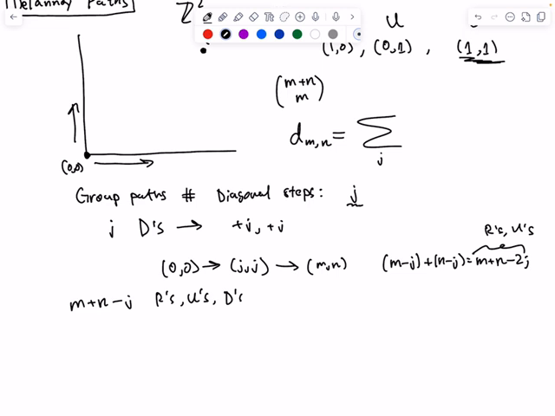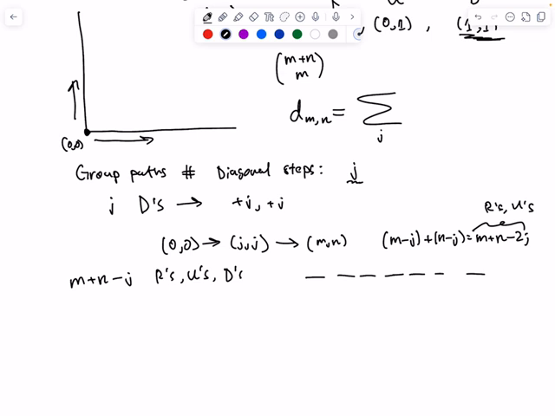So how do we count these sequences? Well, we actually know that the number of R's and D's together has to be m. Why is this? Because we're going from an x-coordinate of 0 at the start, and we're landing at a point with an x-coordinate of m.